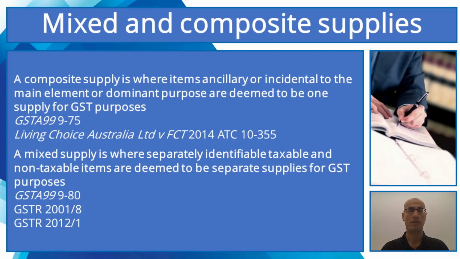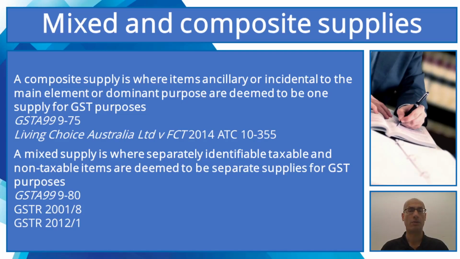Where you have one of these supplies where they're mixed up, the courts by default will look at the main component and really look at the dominant purpose of the particular goods or supplies in order to determine whether or not that's going to be considered to be all one item or one service for the purposes of GST.